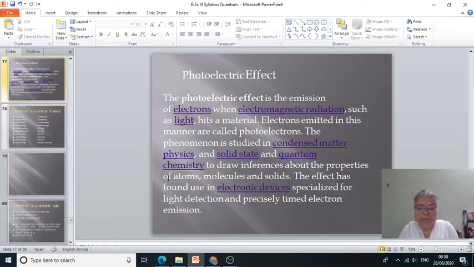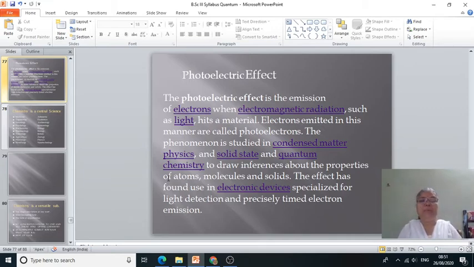Now, if the frequency of light falling on the metal surface is higher than the threshold frequency, some of its energy is consumed to separate the electron from the metal and the remaining part appears as kinetic energy.